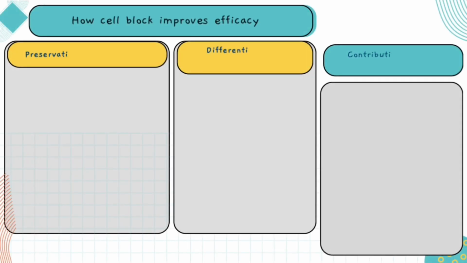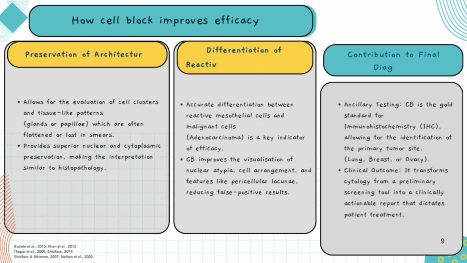Cell block also allows evaluation of cell clusters and tissue-like patterns such as glandular or papillary formations, which are often flattened or lost in conventional smears. In addition, cell block provides better nuclear and cytoplasmic preservation, making the interpretations more comparable to histopathology. This architectural preservation significantly increases diagnostic confidence.